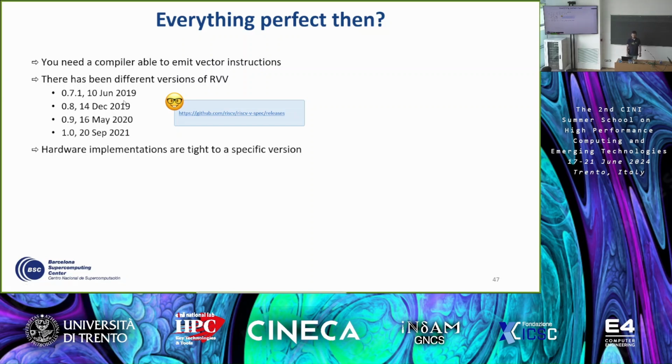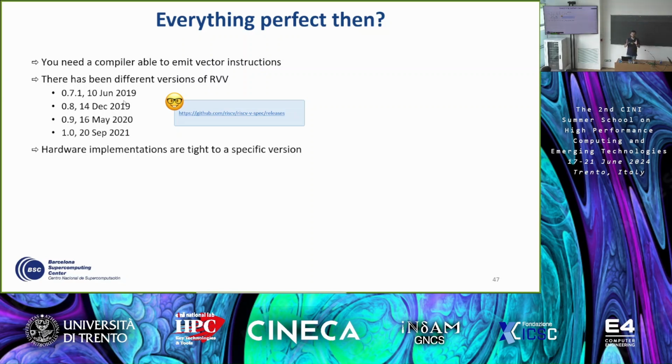In the project in which I work, we started working with 0.71 in 2019 because it was the only one available at that time. But in the meantime, the whole instruction definition has changed.